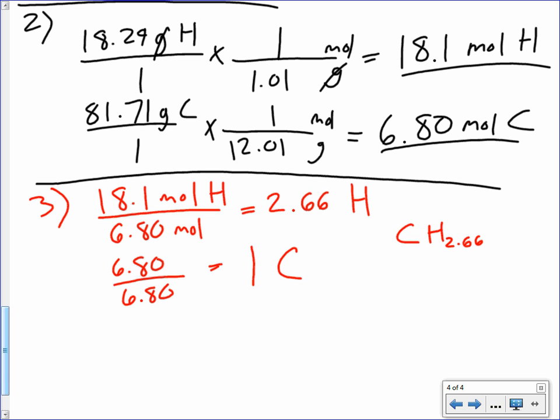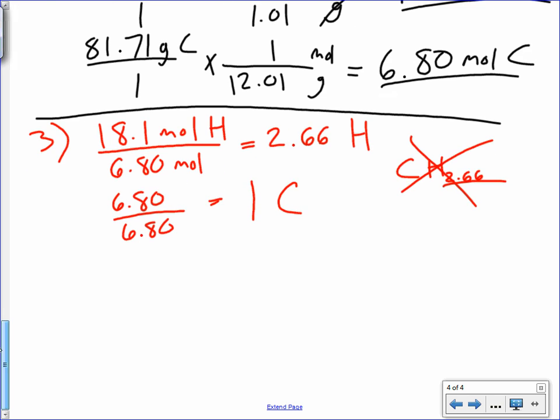Well, we can look at that and tell that doesn't really make a whole lot of sense, right? You can't have a decimal there in your empirical formula. So let's get rid of that. We know that's not right, but we did solve our problem right.